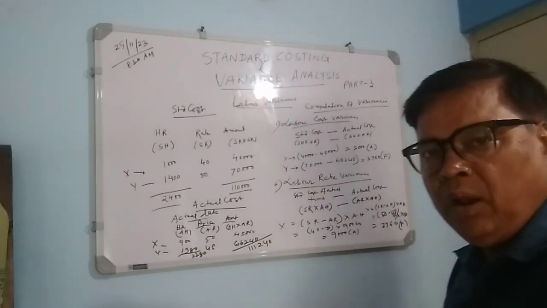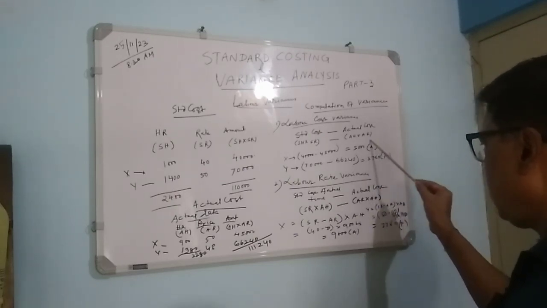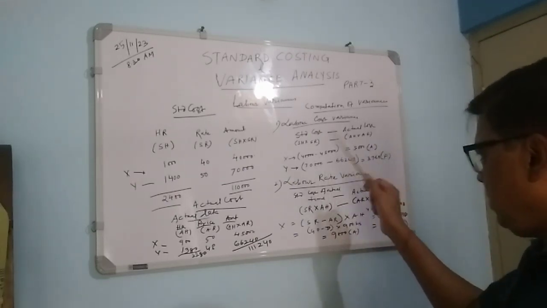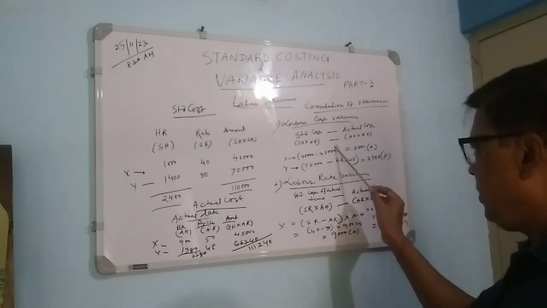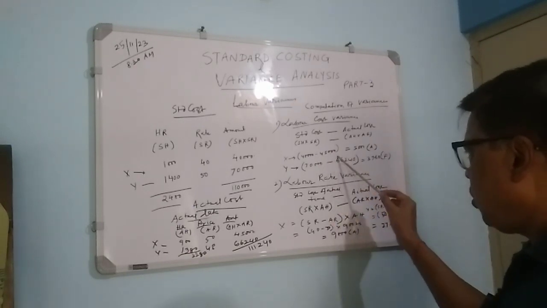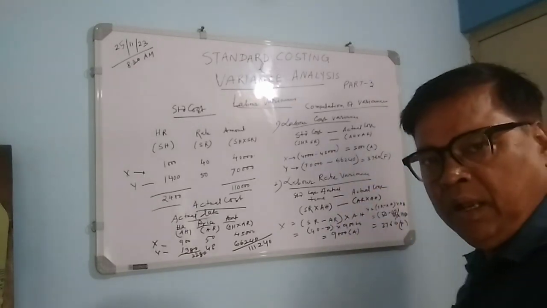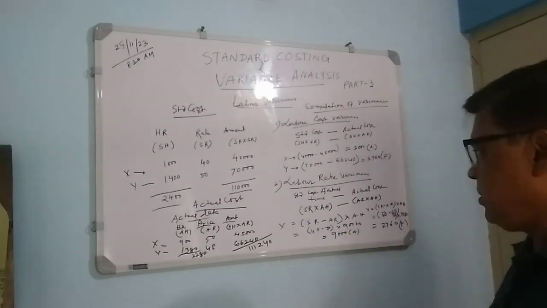Now, is the result favorable or unfavorable? In costing, whenever your actual cost is more than your standard cost, then definitely the variance will be negative, that is adverse.